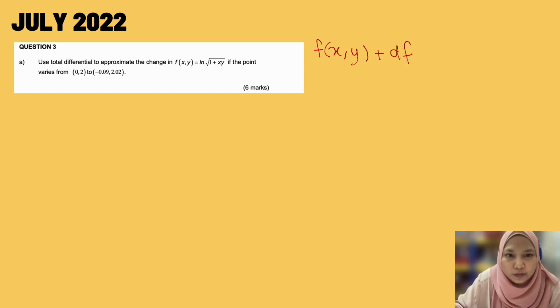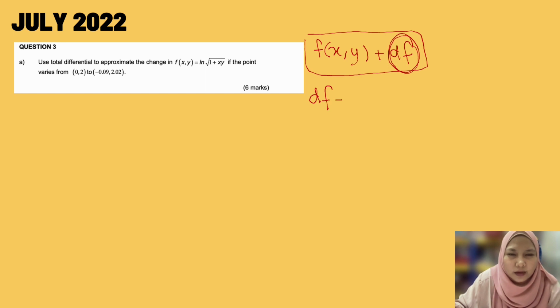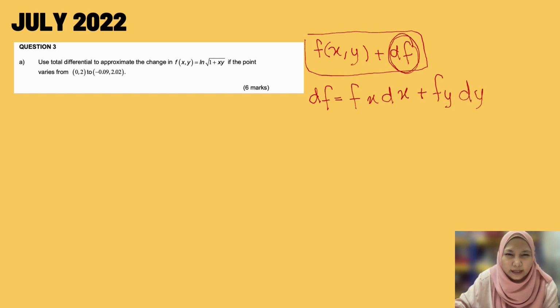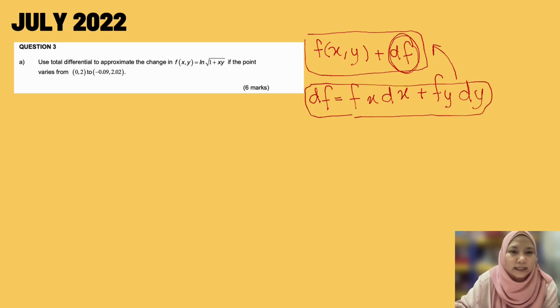So this is what we need to find. In order to find this one, we need to find the df first. So the df formula, we have fx dx plus fy dy. So we need to find this first, and then we will substitute back here, and then we get our answer.